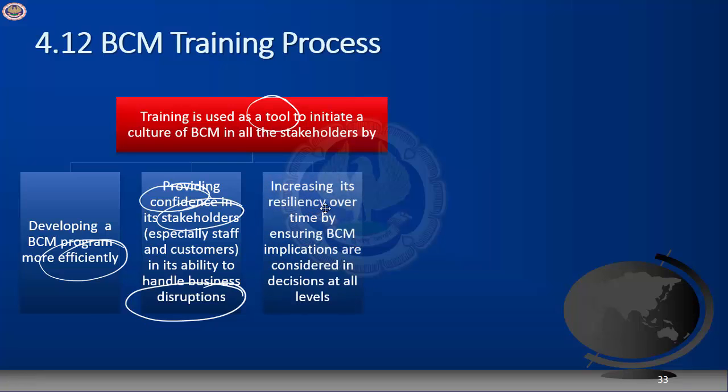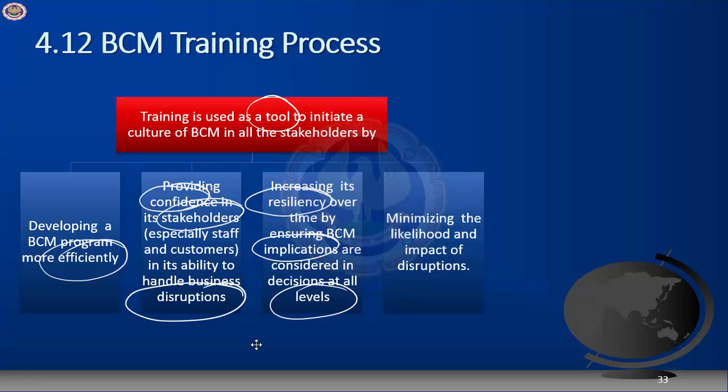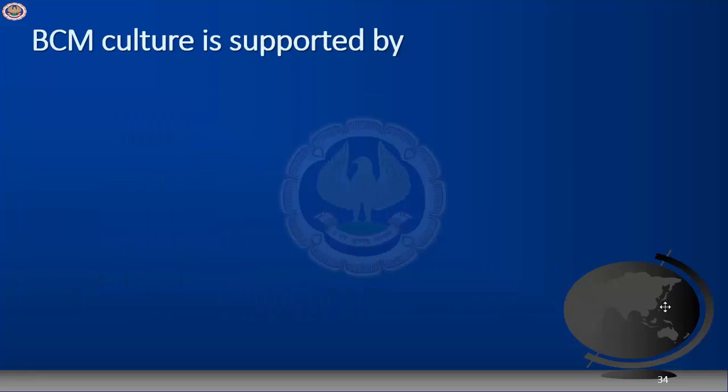And the primary objective is to ensure that there is an increase in resiliency, to ensure that the BCM implications are considered in decision making at all levels of the enterprise, so that they know what the critical business operations are and they're able to continue the business operation despite any disruptions. So you also look at minimizing the likelihood of the impact of the disruptions. This is one of the key aspects which have to be considered, and you communicate this to the staff as a part of the training.